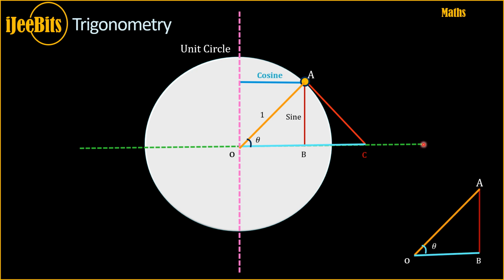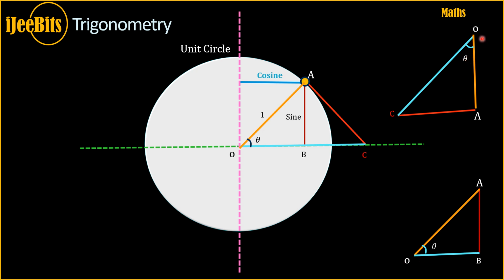So I have taken triangle OBA, which is a right angle triangle, right? Next one you can take is triangle OAC, which is also taken out. Both are triangles, but the one observation is the angle. Our observing point is O, at theta, and this is also the same theta.